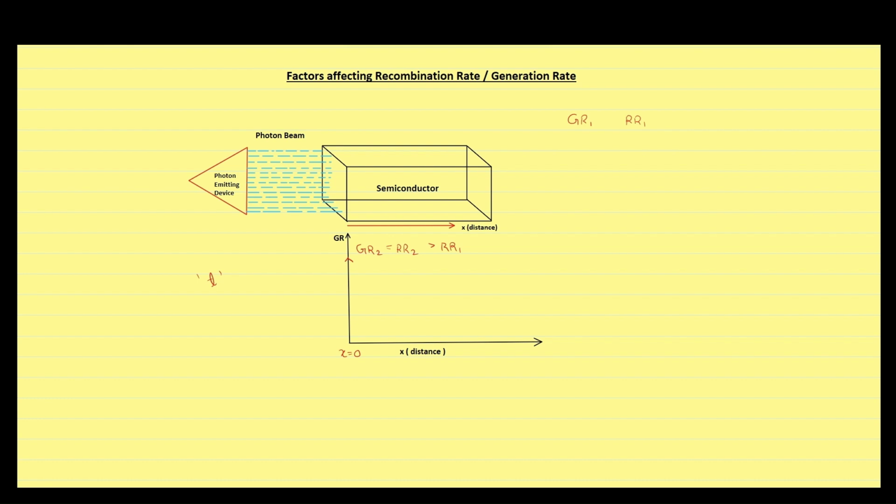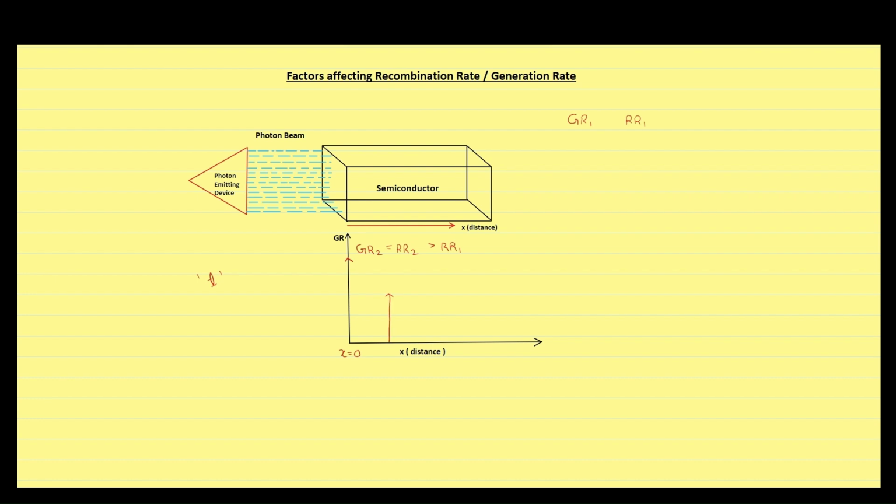However, as we move towards the right of the semiconductor, more and more photons will already get absorbed, decreasing the number of photons which are still available for electron excitation.